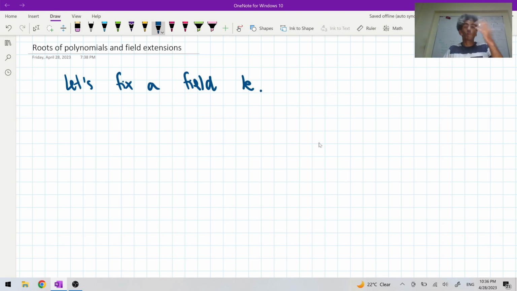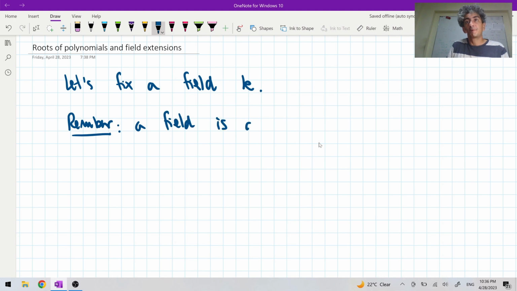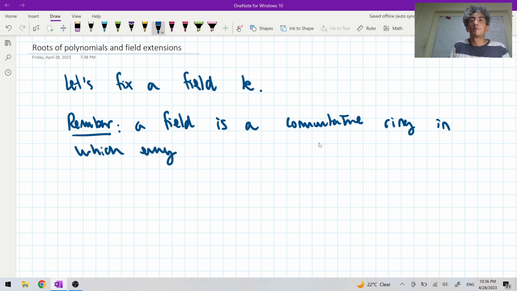So what is a field? A field is a commutative ring in which every non-zero element is invertible.